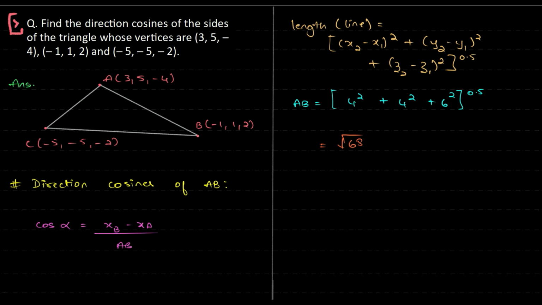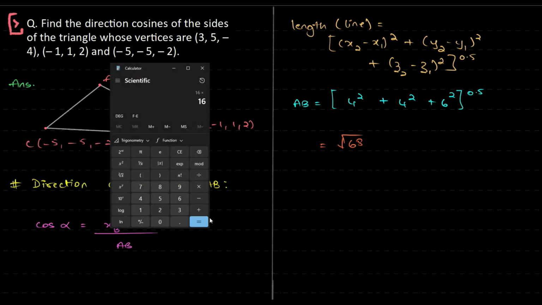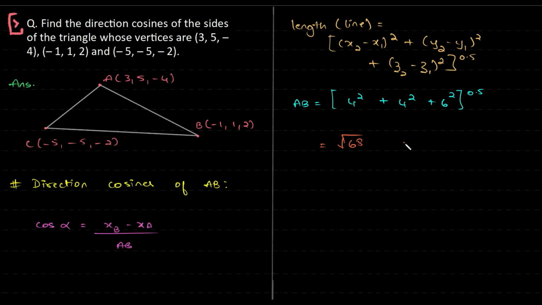Root of 68, which is root of 4 into 17, so this is 2 root 17. There's nothing much we can do. So that's our length AB.